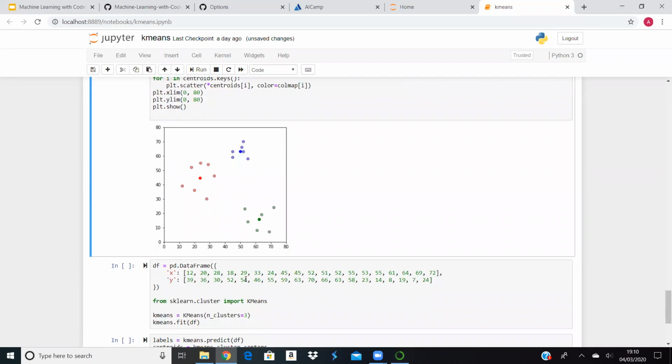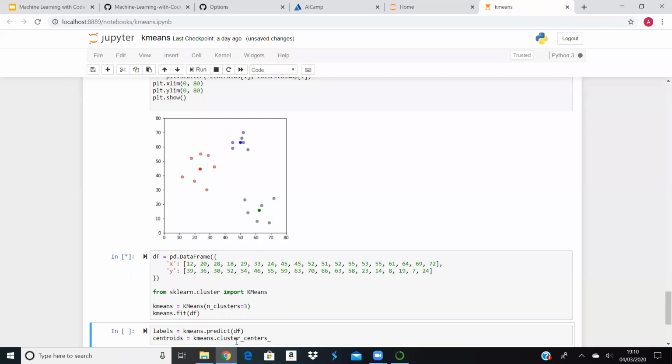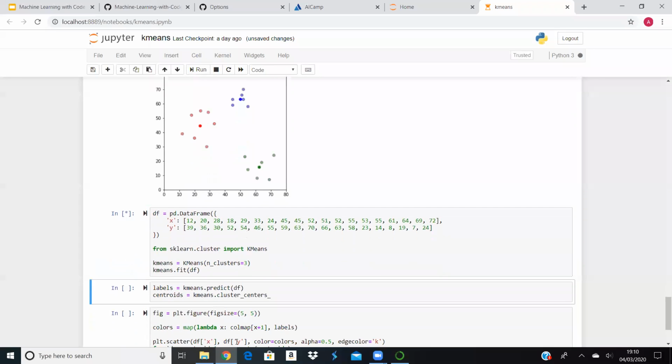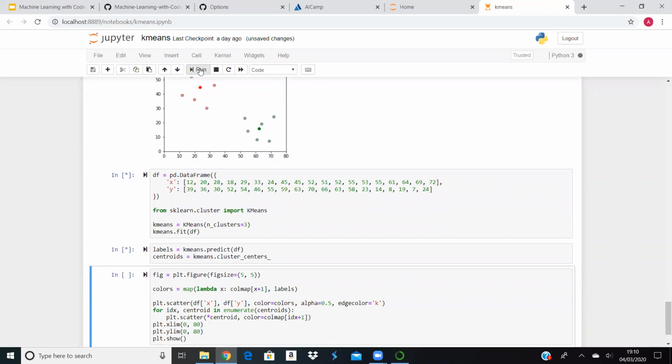Scikit-learn has a very easy way of getting this done, and so we can directly use k-means. Here there is no testing or training data, because for us the entire data is test data. We don't have any data to train our model against. So this is just going to be just one code.